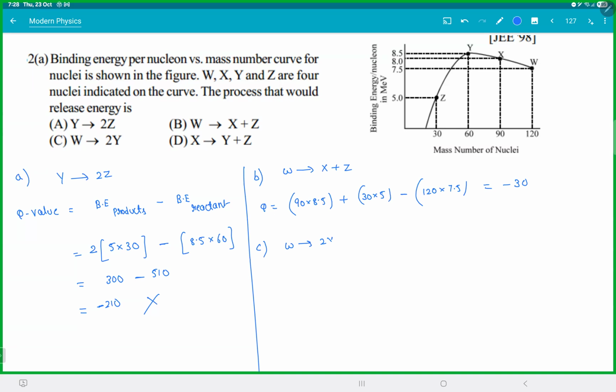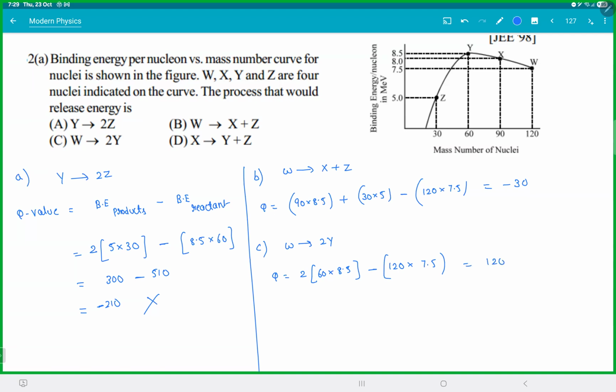W is becoming 2Y. Two into Y will be 60 into 8.5 minus W will be 120 into 7.5.